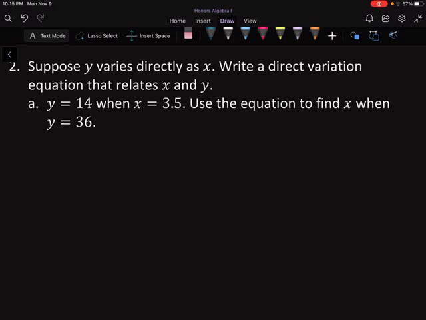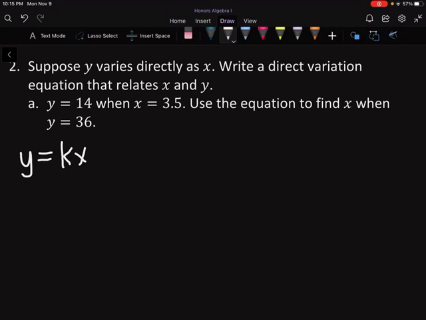So we're going to actually come up with the equation for a direct variation. Suppose y varies directly as x. When we say that, that k is telling us that it varies directly, okay? And we're multiplying the x variable by a constant k.